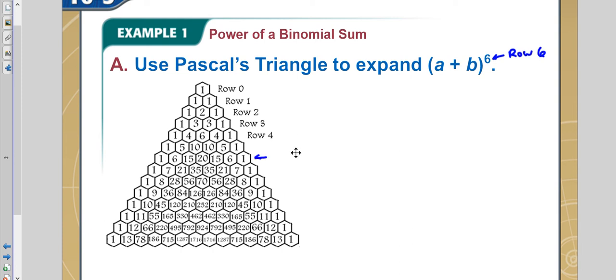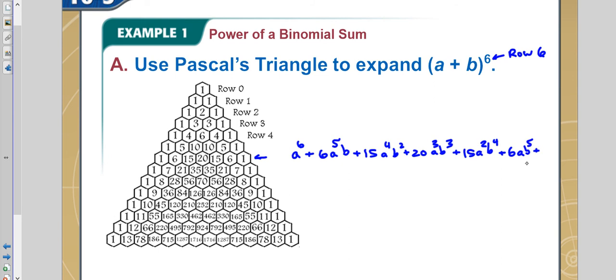The expansion would be 1, a to the 6th, plus 6 a to the 5th b to the 1st, plus, after the 6 comes a 15, 15 a to the 4th b squared, plus, after the 15 is a 20, 20 a cubed b cubed, plus, now we go to 15 again, this time a squared b to the 4th, and after 15 comes a 6, so 6 a b to the 5th.